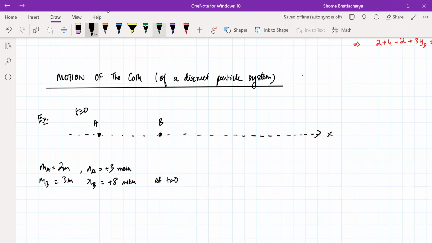Now after some time, A has remained stationary and B has displaced to a new position.